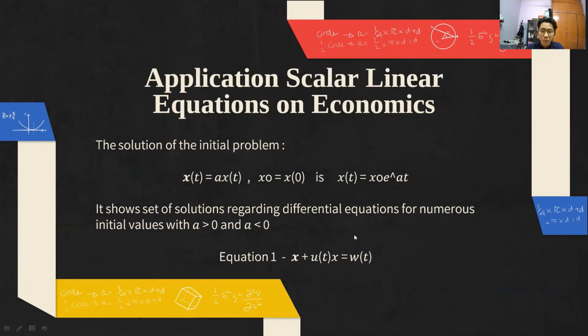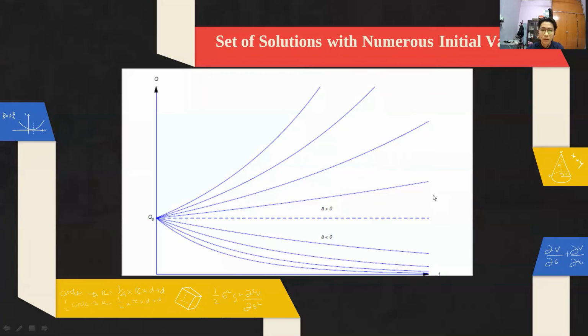Equation 1 is x' plus u(t)x equal to w(t). x' is the current GDP plus u(t)x, previous GDP, equal to w(t). Here is the graph for the set of solutions with numerous initial values. As you can see, if a is bigger than 0, the graph will grow. Meanwhile, if a is less than 0, the graph will decay.